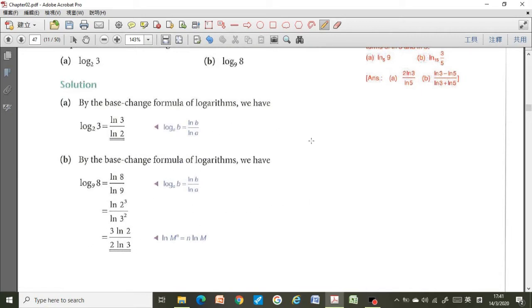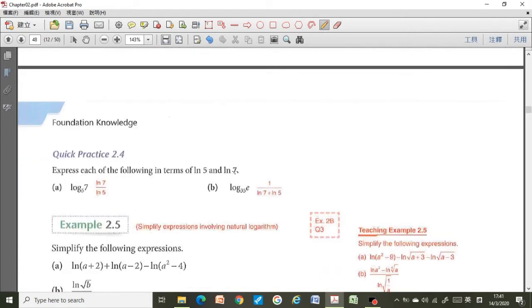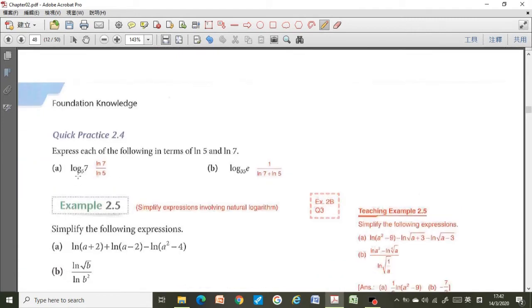In the compulsory part, we always let log 2 be A and log 3 be B, so you may give your answer in terms of A and B. Here it's very simple, log 7 over log 5. Here you will get log e over log 35.